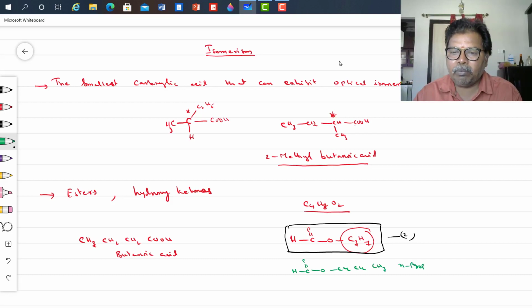N-propyl formate. Second one, HC double bond O, CH, CH3, CH3. This is the isopropyl group which is attached to formate. So therefore it is isopropyl formate.